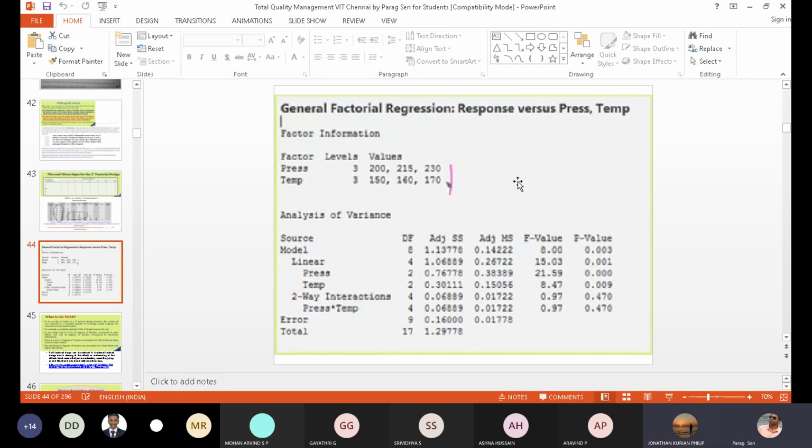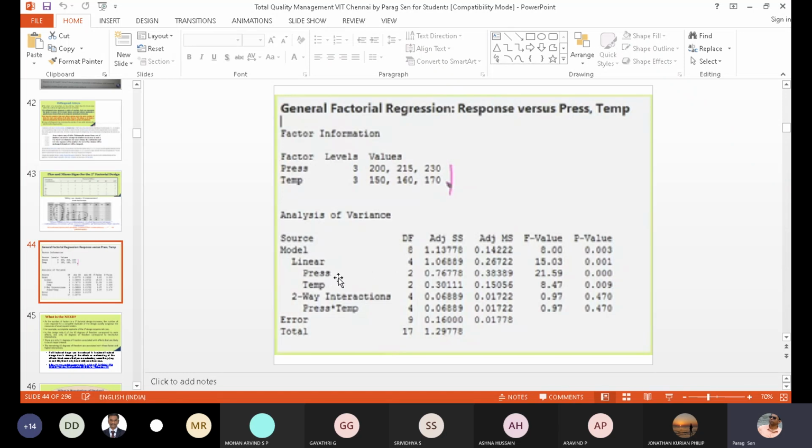You will be performing analysis of variance, or the ANOVA, after conducting this experiment of a full factorial design, and you will get these values. You can see here that for pressure, since there are three levels, the degrees of freedom is 2, and the same for temperature.